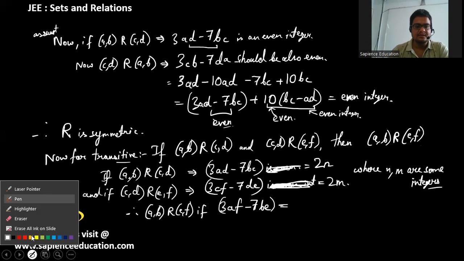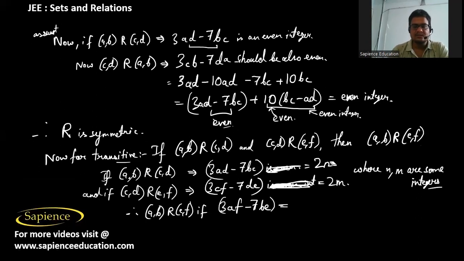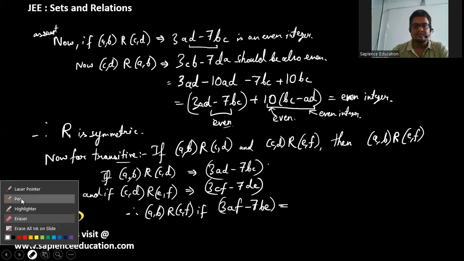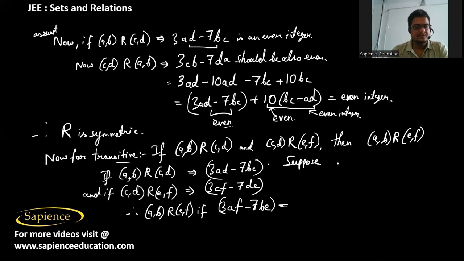Let's suppose we take A as 2 and B as 5, and it is related to (6, 8). Then 3 into 2 into 8 minus 7 into 5 into 6.